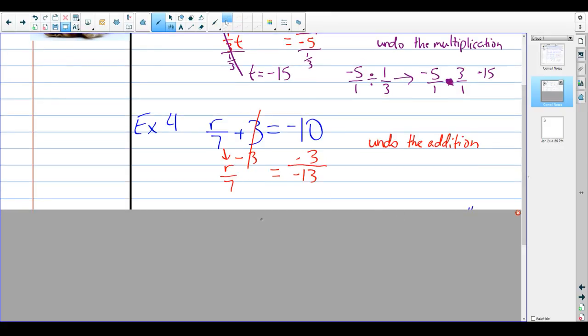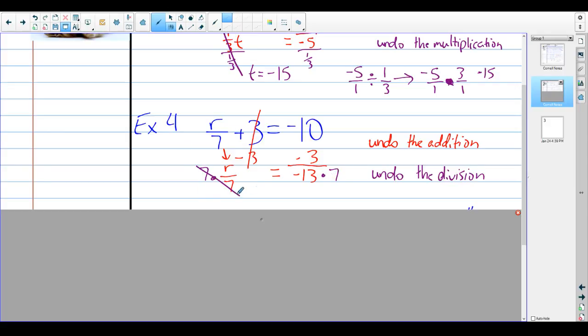Okay. And now we need to undo the division. So the opposite of dividing by 7 is to multiply both sides by 7. So our answer is going to come out to whatever -13 times 7 is.